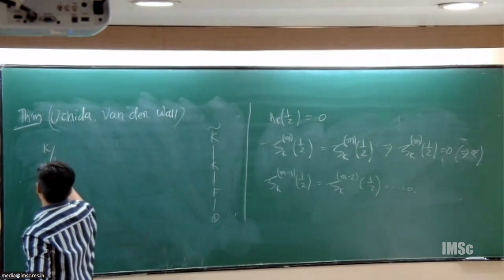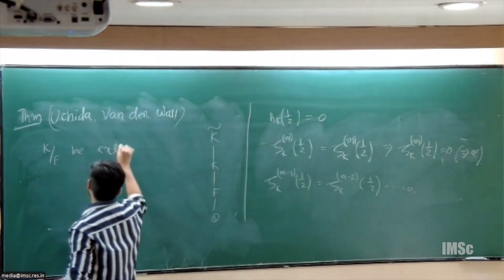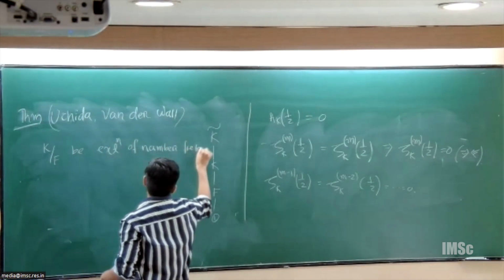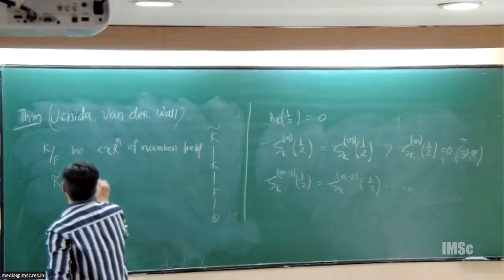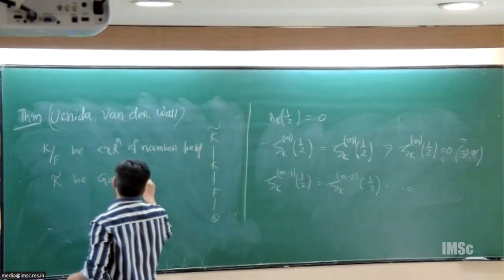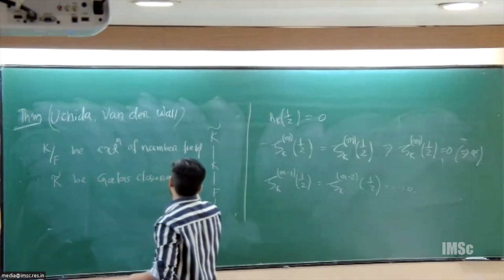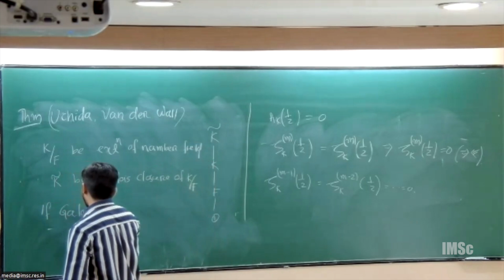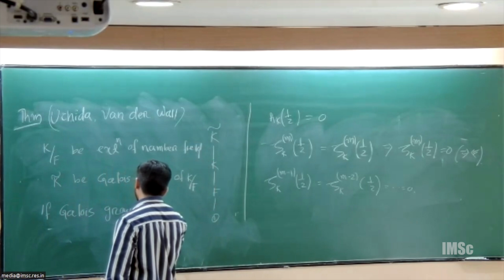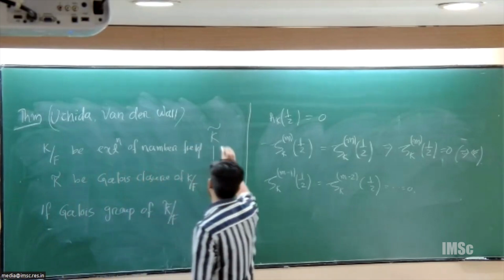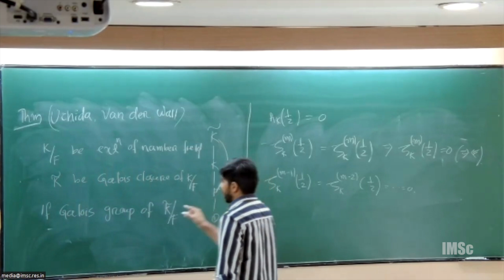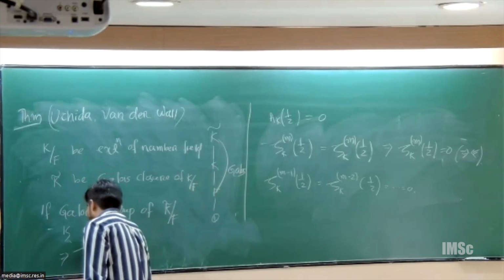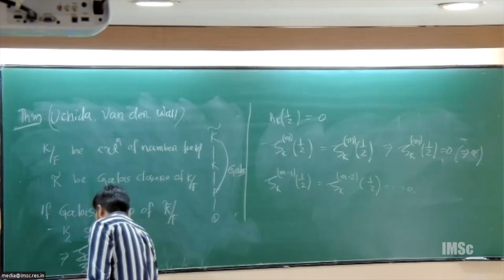Let K over F be an extension of number fields, and let K tilde be a Galois closure of K over F. If the Galois group of K tilde over F is solvable, then zeta K of s over zeta F of s is entire.